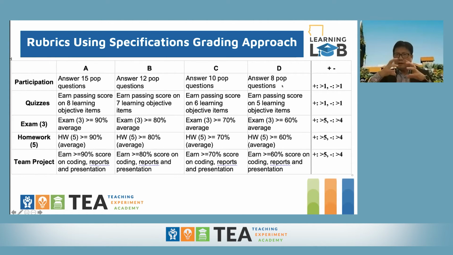So students have an overview of the status of their learning. I have plus and minus as well. For quizzes, if you pass a score on the learning objective, then you are assigned an A, B or C.